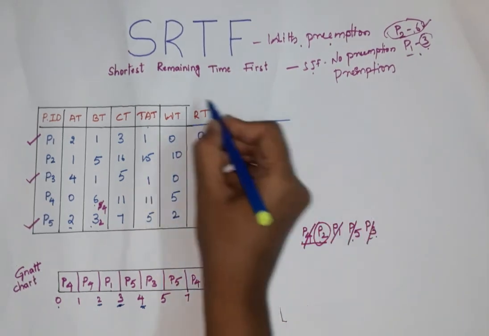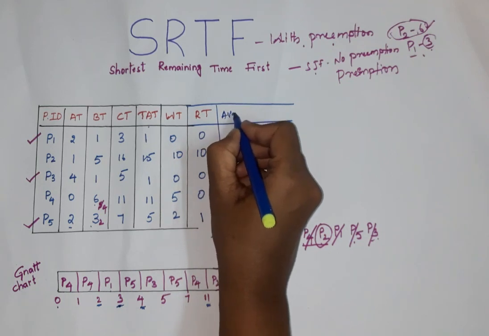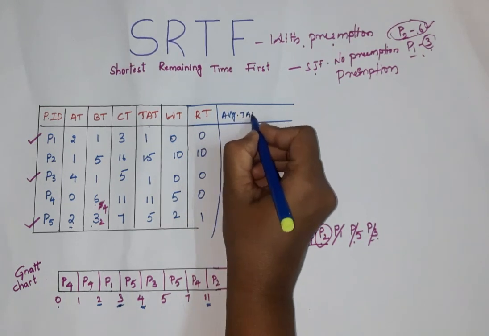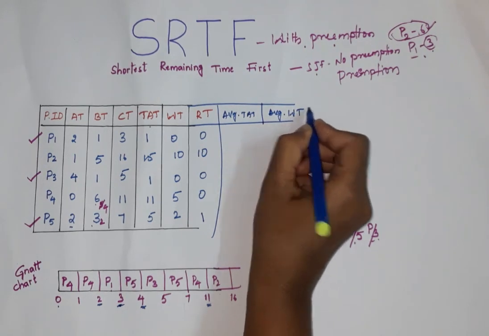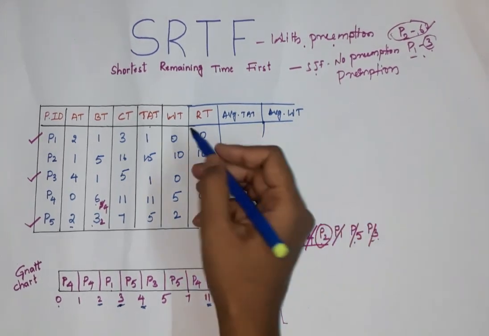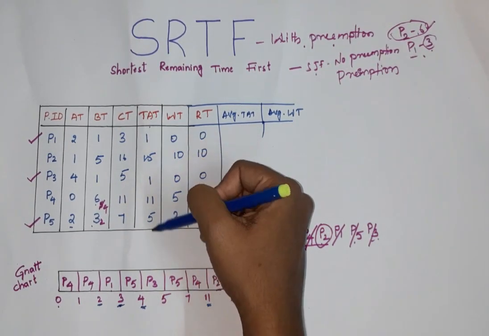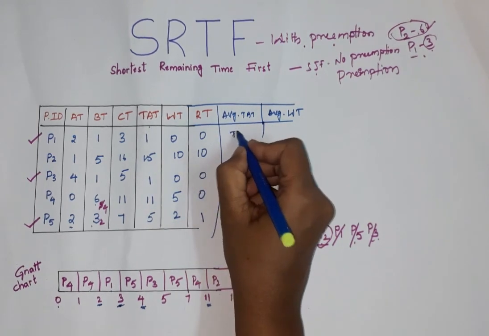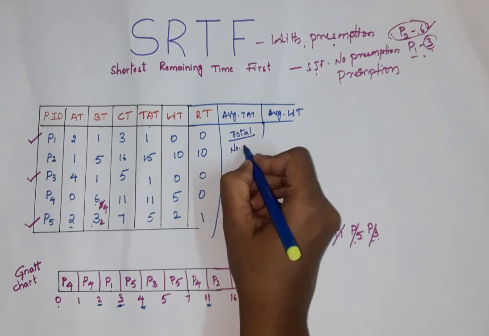You can also calculate the remaining values like average turnaround time and average waiting time. You know very well how to calculate average turnaround time, average waiting time. You add all these values and divide the total by the number of processes.